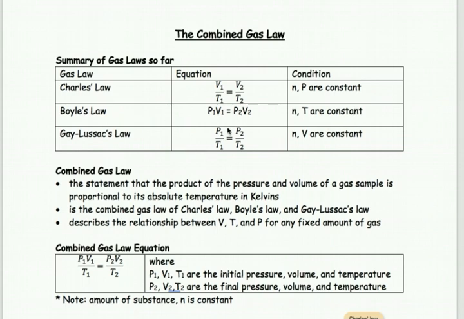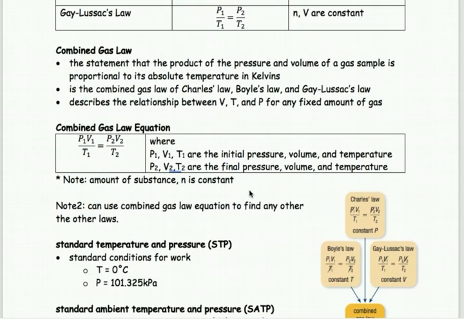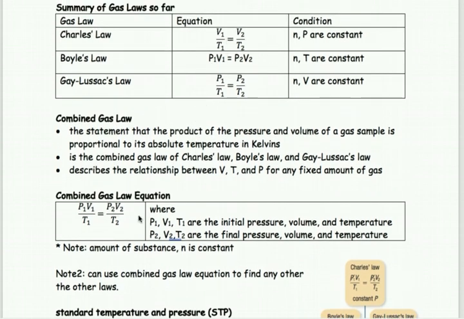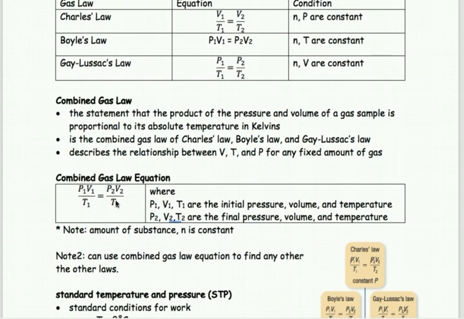There's a lot of studies that went into developing the combined gas law, so you can look at these individually if you want. We'll just jump right to the equation. We used all three of these methods in order to develop this combined gas law.